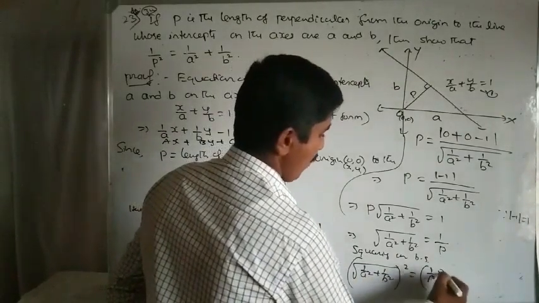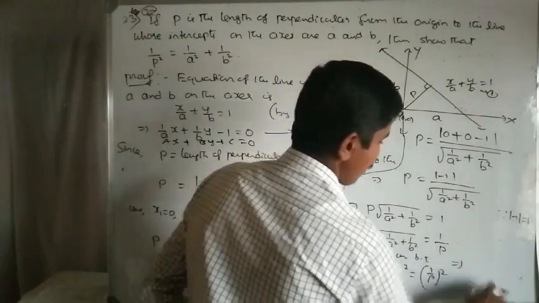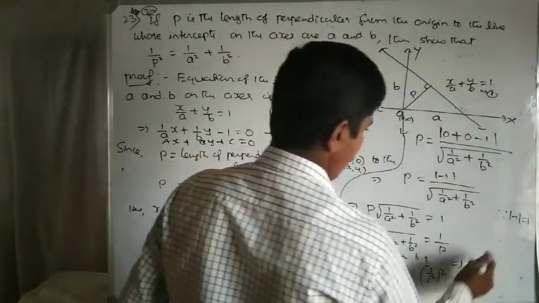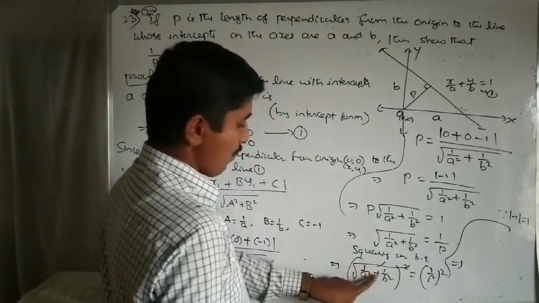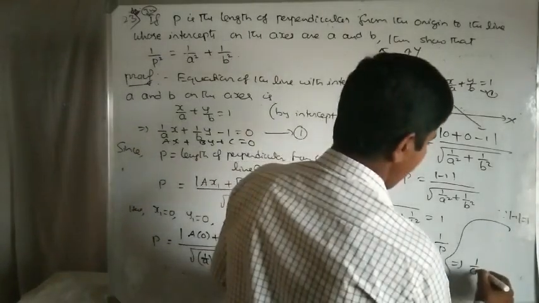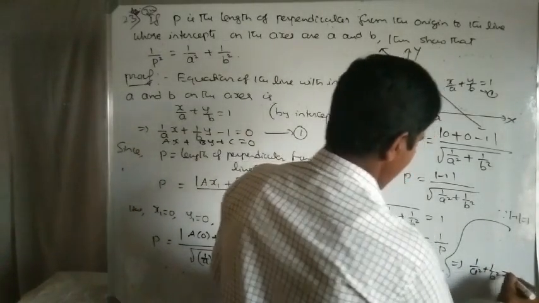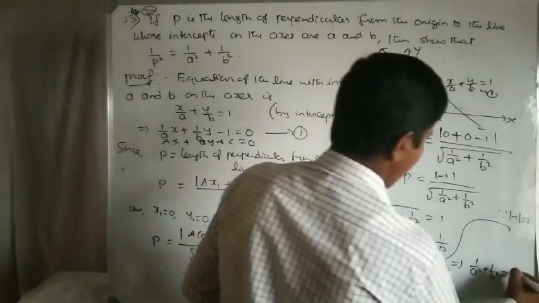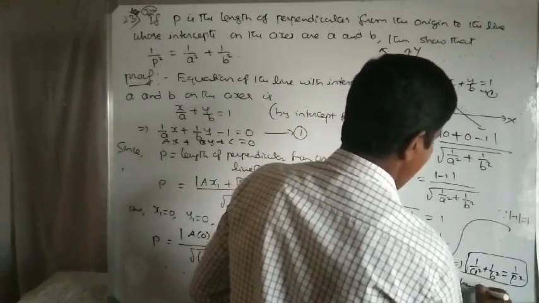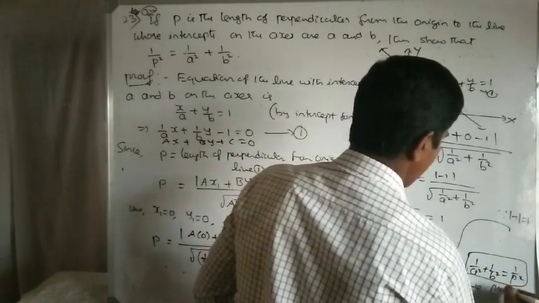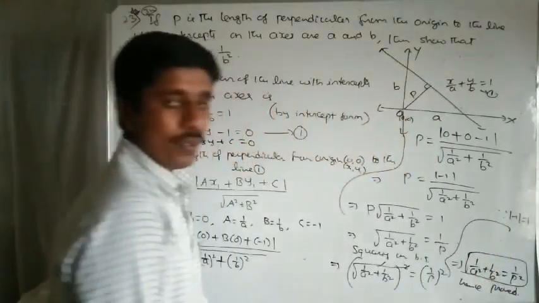The square and square get cancelled. 1 by a square plus 1 by b square is equal to 1 by p square. Hence it is proved. Mind it.